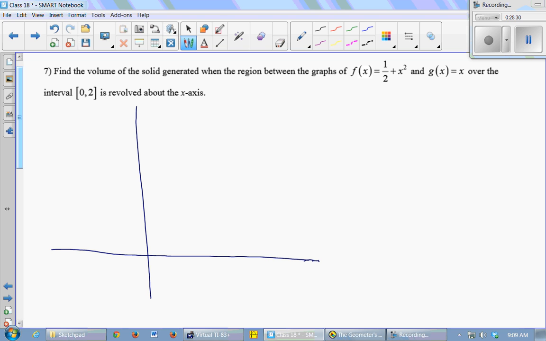Okay, so 1/2 plus x squared is a parabola that goes like that. And the line y equals x goes like that. And they would cross when the two functions are equal.